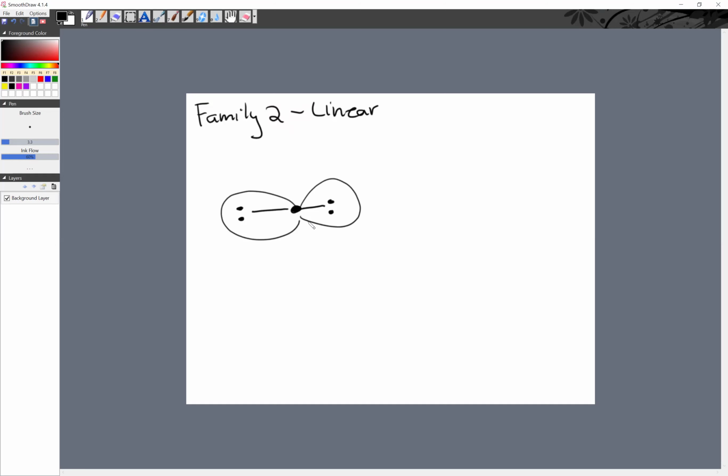If we're talking about valence shell electron pair repulsion theory, we're thinking of those as electron pairs. So right now, I'm just going to draw the lines. I'm not going to draw the electrons. All right, so the best arrangement for 2 things in three-dimensional space is 180 degrees apart from each other. That will give it the best distance from each other.